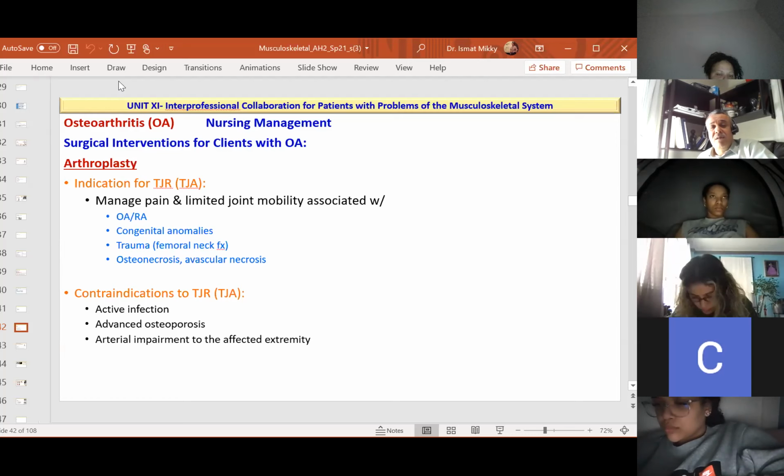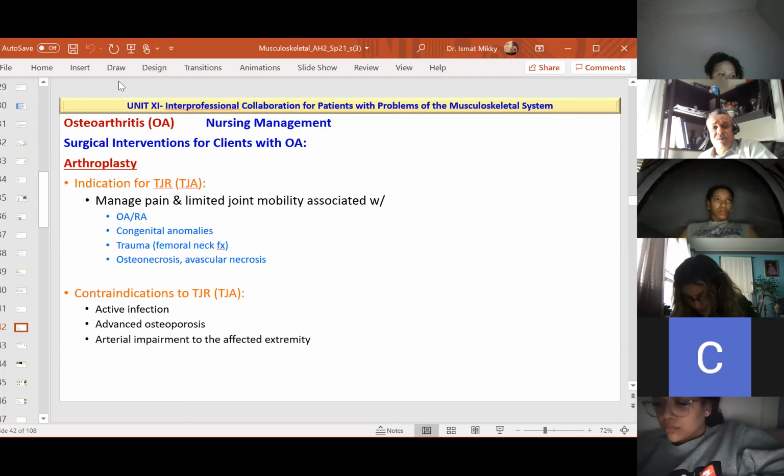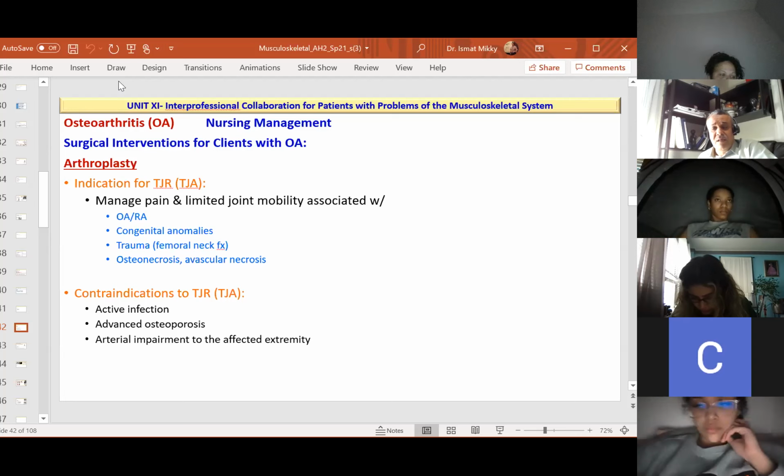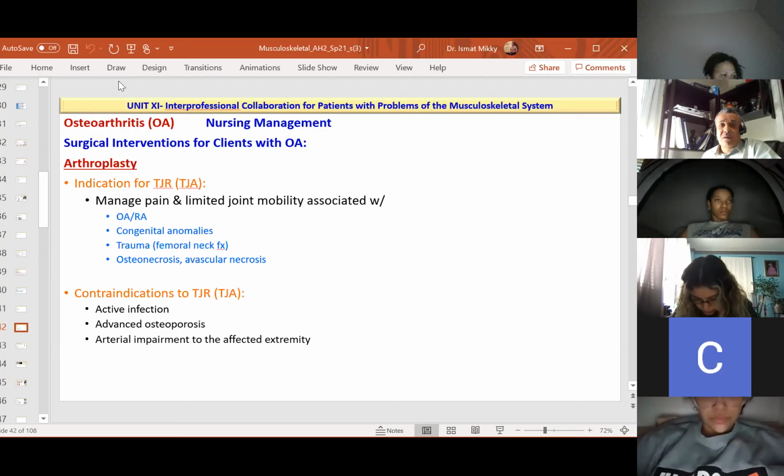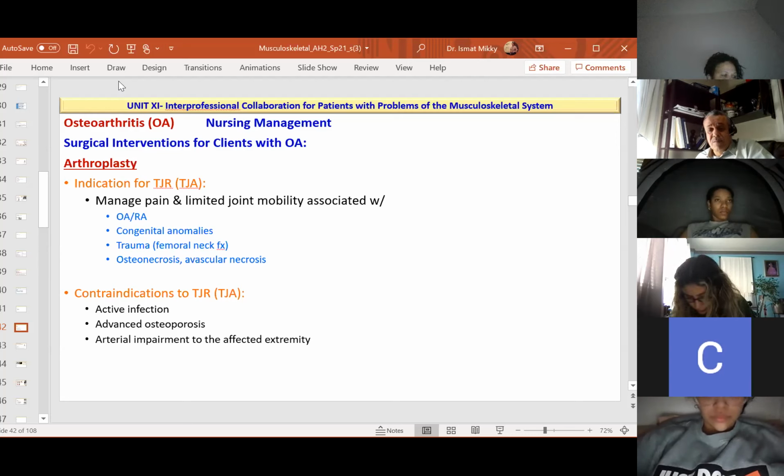In addition to that, like any other surgery, the patient should be cleared medically by the PCP. The primary health care provider, or the medical doctor, or nurse practitioner is supposed to clear the patient medically for the surgery. So the client's general health must allow tolerance for the anesthesia, for expected blood loss, and for surgical stress.